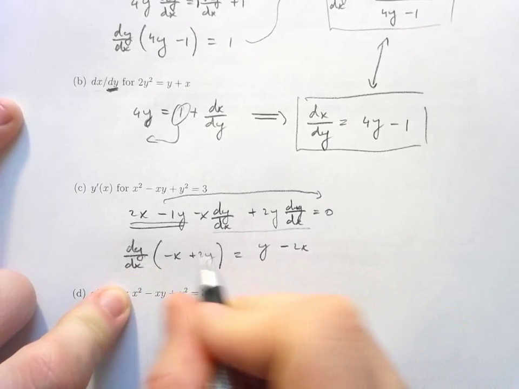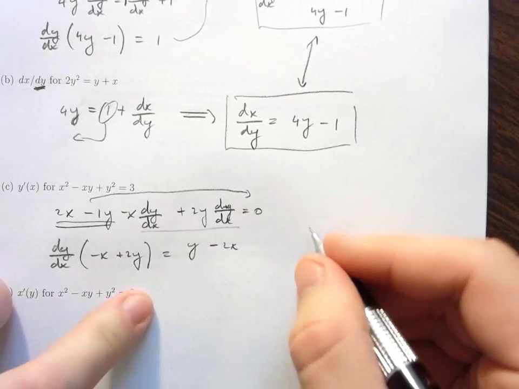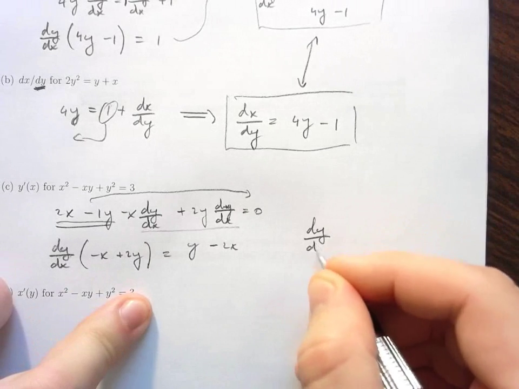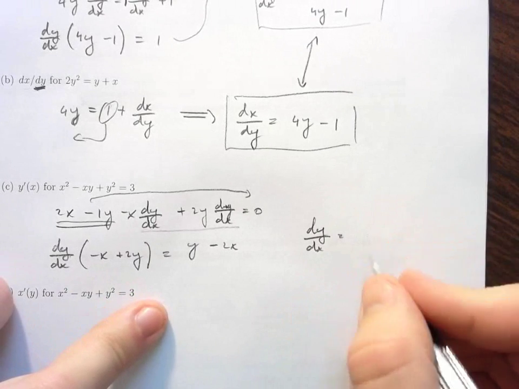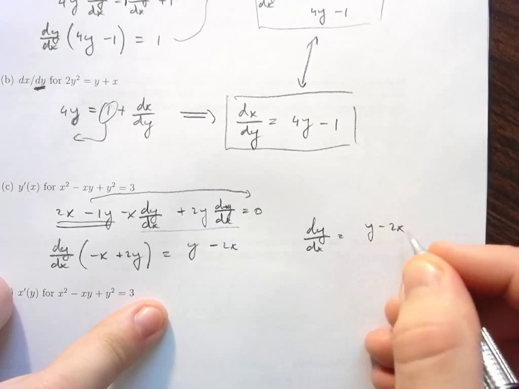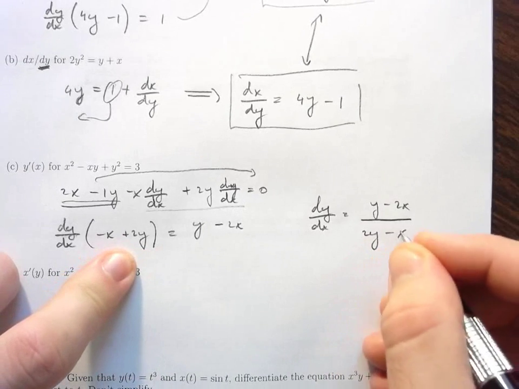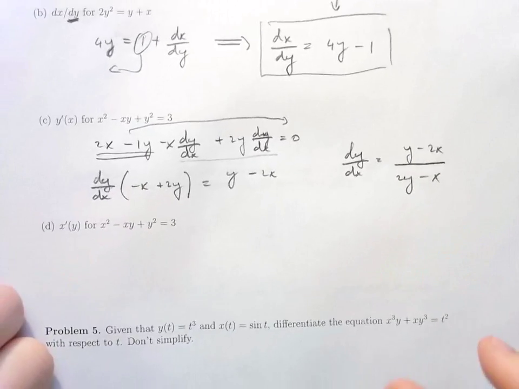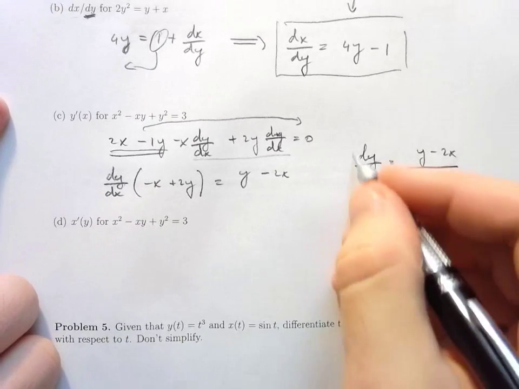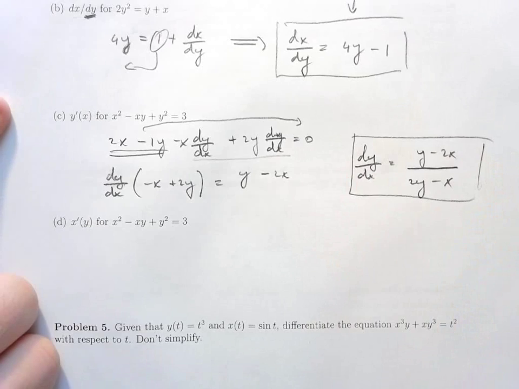If I divide through by this term, I get that dy dx is going to be y minus 2x over 2y minus x. So that's y prime of x.